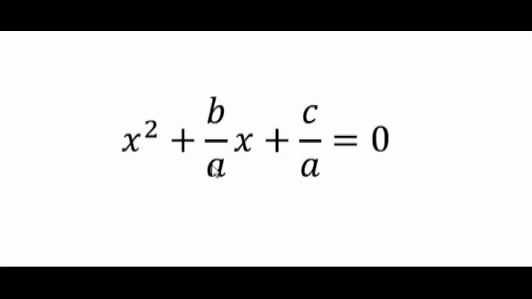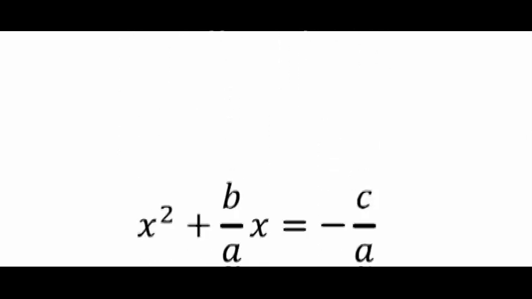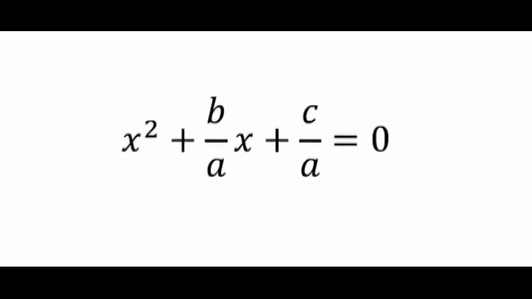We get b over a times x, and c over a as our constant term, and then 0 divided by a is simply 0. The next step is then to, let me go back here, since this is not in the form of, remember, take half of this and then square it, this is not in that form necessarily.